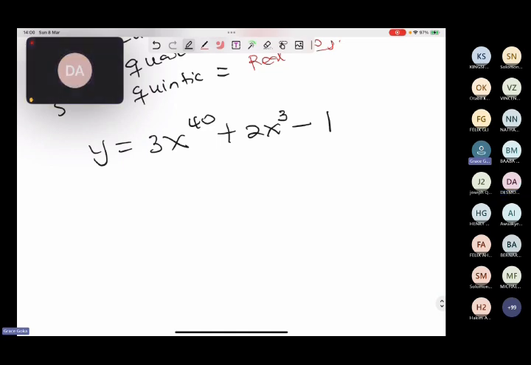Can you briefly tell us why the domain of this will be the set of all real numbers? Because it's quadratic. No, this is not quadratic. Quadratic means you have to the power 2. This is the power 40. What kind of mathematical expression is this?